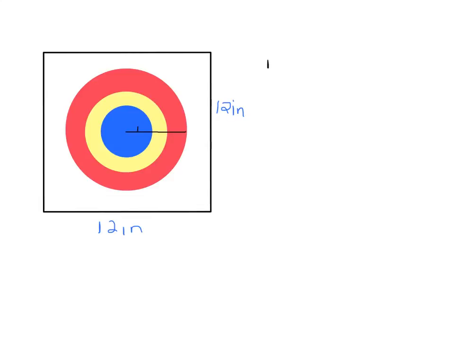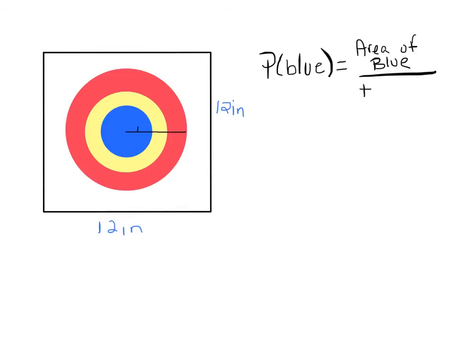region. Well, this one's easy, so probability of blue. This one's going to be the easiest. It's going to be the area of the blue region over the area of the total dartboard, so total area.